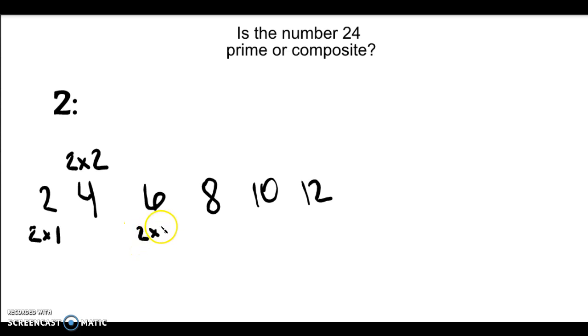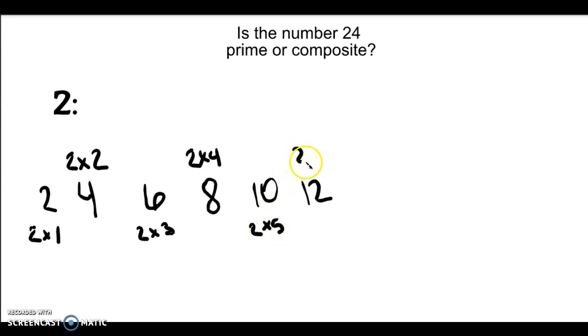So 2 times 3 is 6. And so on and so forth, right? For the number 8, we've counted up by 2 4 times, so 2 times 4 is 8. 10 is the fifth time we add 2, so that's 2 times 5, right?